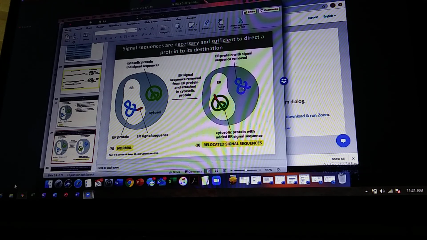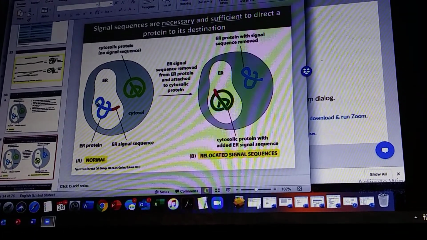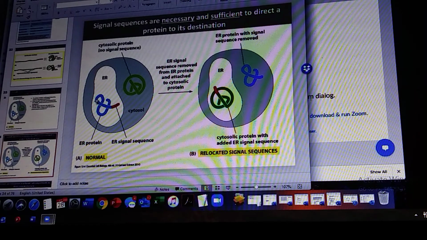Okay, that's the necessary part. The sufficient part is if you take a cytosolic protein and you add on, not an NLS, you add on an ER signal sequence. And if you do that, then that cytosolic protein will be found in the ER. Okay, but that's true for any protein.